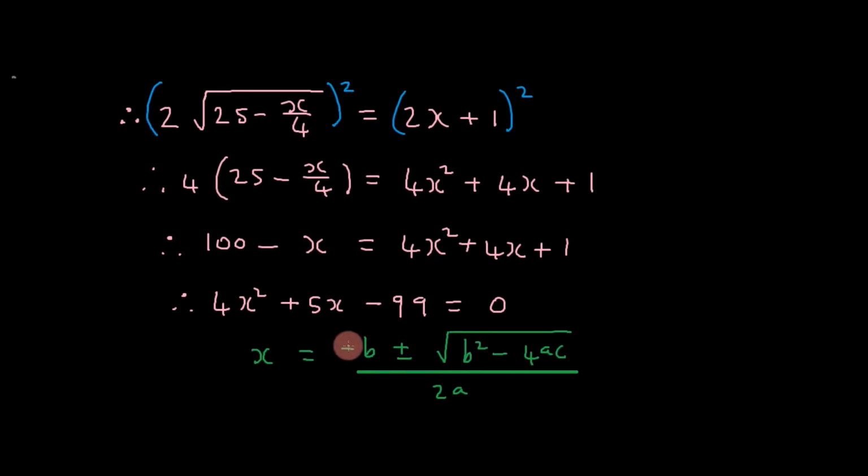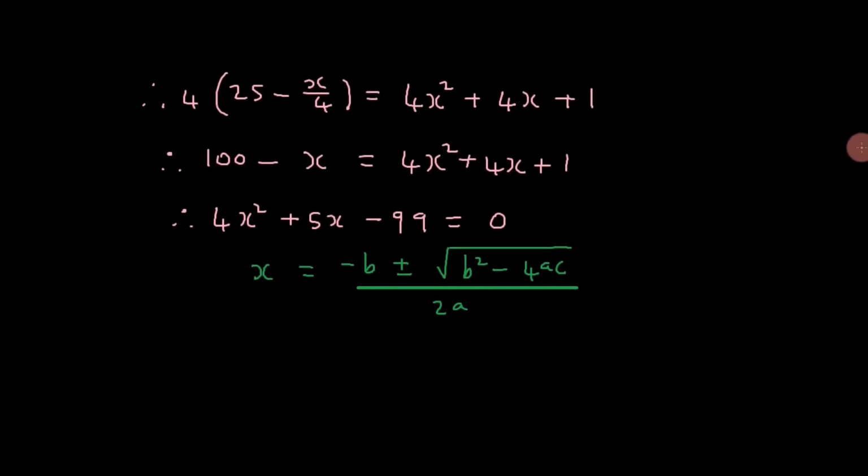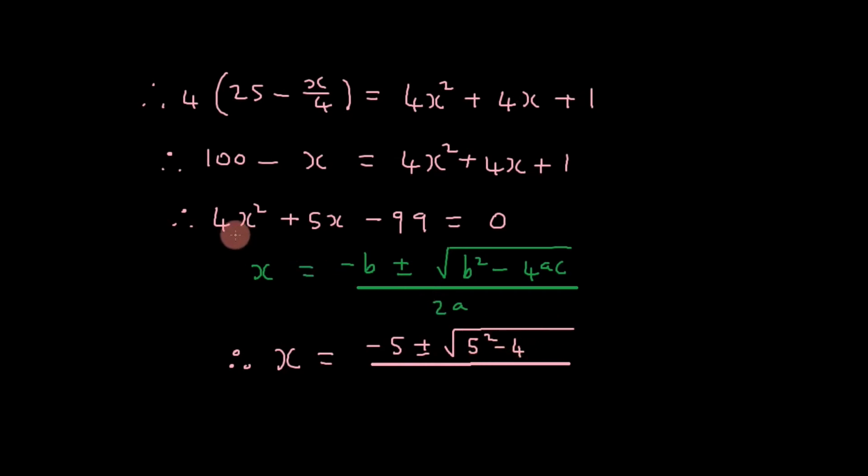And of course, it's x equals negative b plus or minus the square root of b squared minus 4ac all over 2a. So let's substitute in our values of a, b, and c. Then x equals, so negative b, and b is positive 5, so it's negative 5 plus or minus the square root of b squared minus 4 times a.